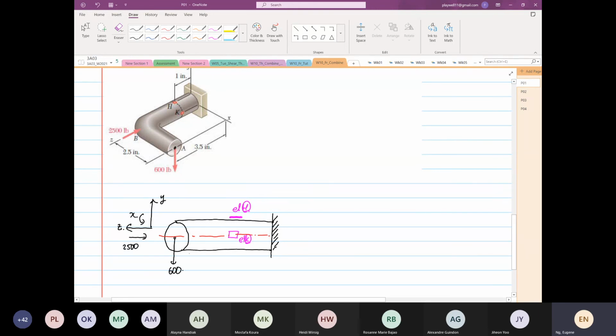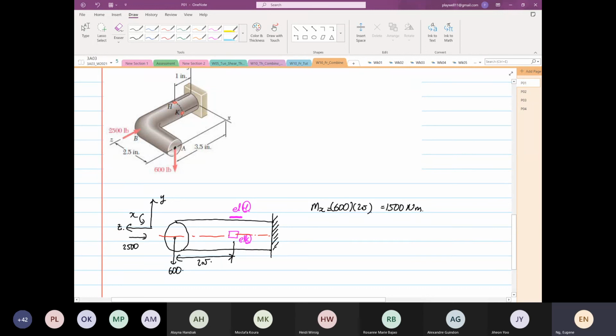The distance from here to here is 2.5. So we know the moment about x is equal to 600 times 2.5, which is equal to 1500 Newton meter.